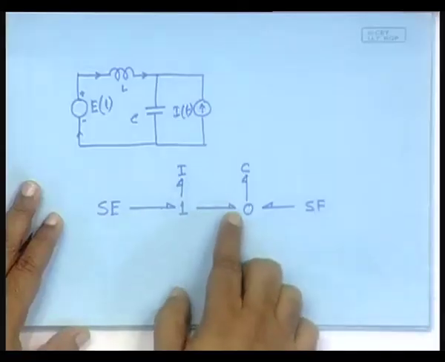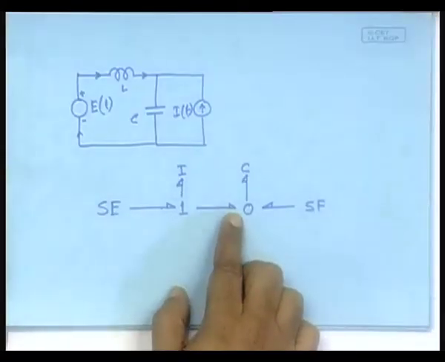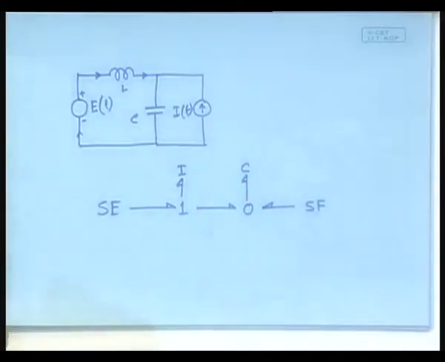Which plate of the capacitor is at higher potential, which plate at the lower potential? When we want to interpret that, we will need to refer to this. But otherwise, even the assignment of the power direction can be algorithmized, a computer can do that.